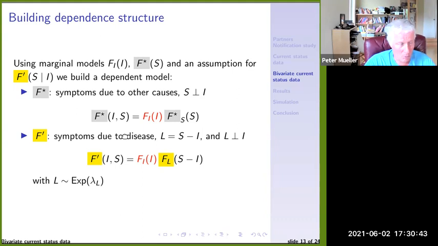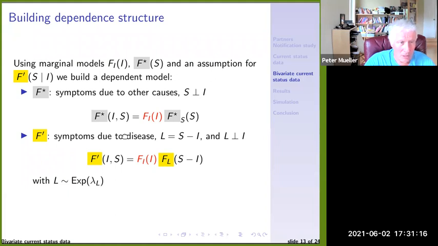And we use a parametric model, actually an exponential distribution with parameter lambda sub L. And we assume that the latency time is independent of time to infection, and that introduced a massive helpful structure, because now we have characterized both of these bivariate distributions, the gray as well as the yellow, by underlying independence. In the yellow case, the independence is not on S and I, but it's on the latency time and I, but still allows us the same simplification.